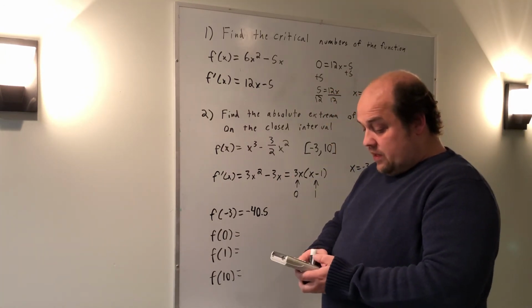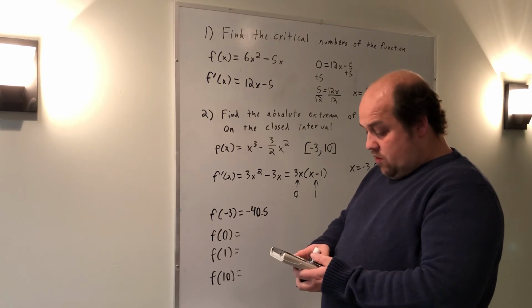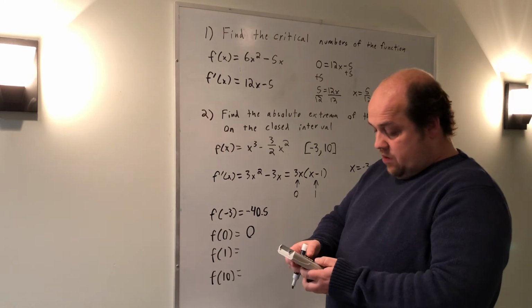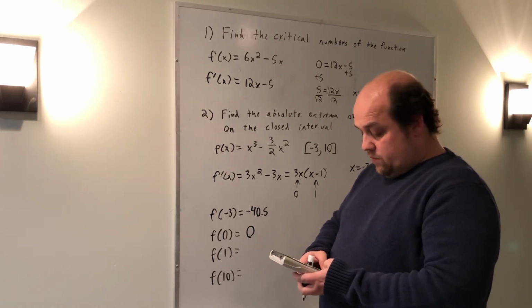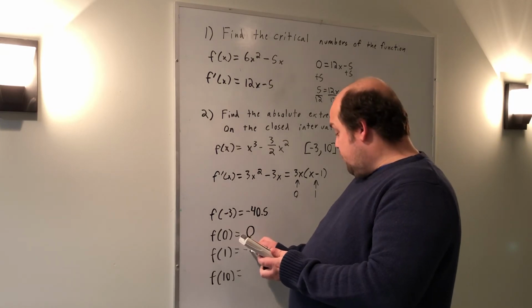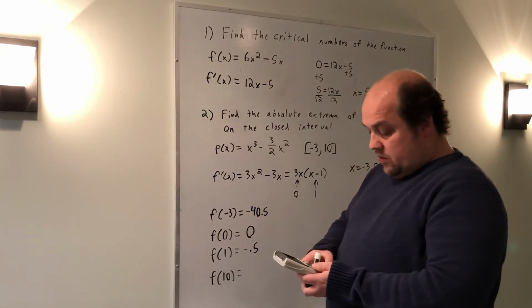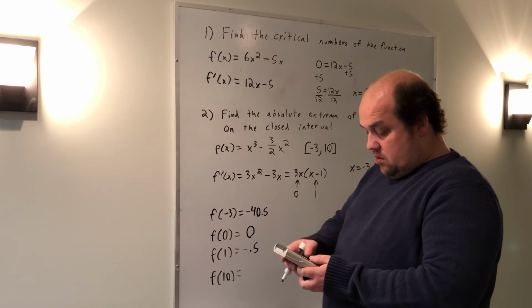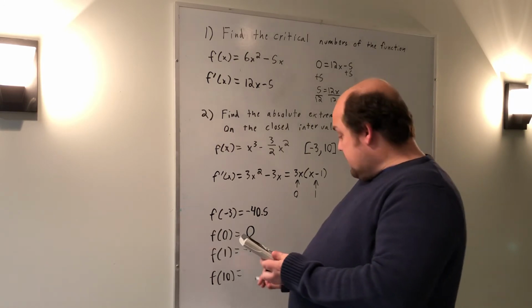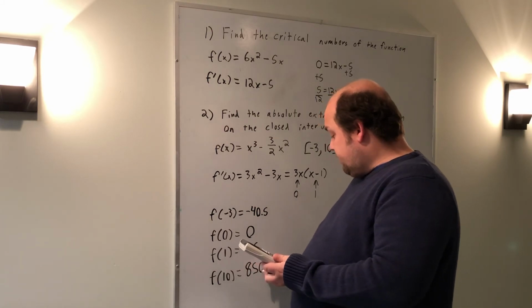If I now calculate the value when x equals 0, I get y equals 0. If I calculate the value when x equals 1, I get y equals -0.5. And if I calculate the value when x equals 10, I get positive 850.